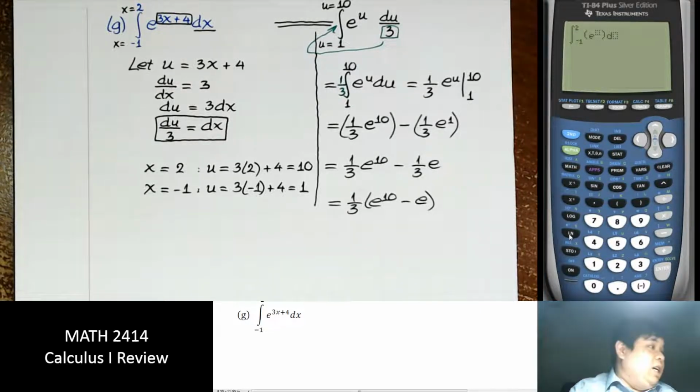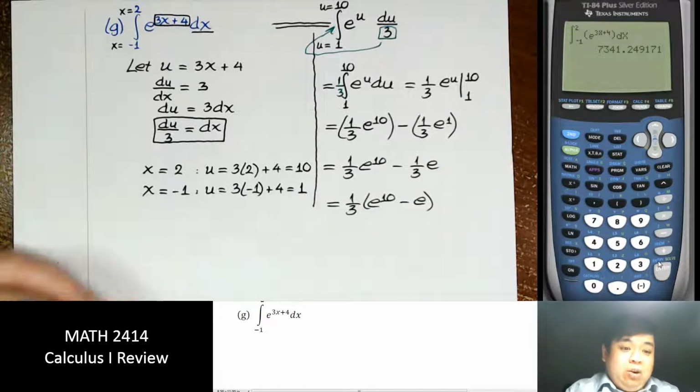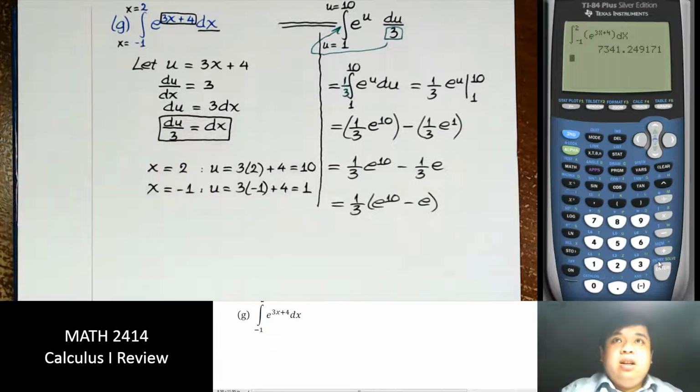Second, ln, that e to the 3x plus 4. Right. That's certainly not what we have here. Of course, the calculator, this TI-84, cannot give us this answer. But we have to check that indirectly.